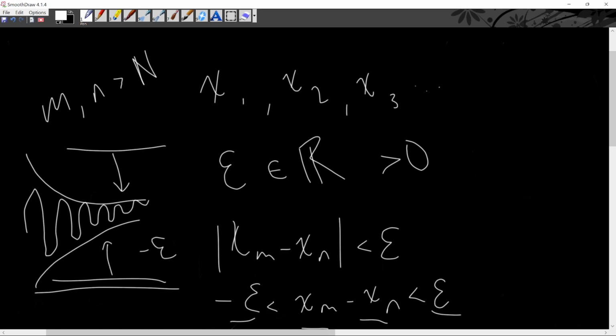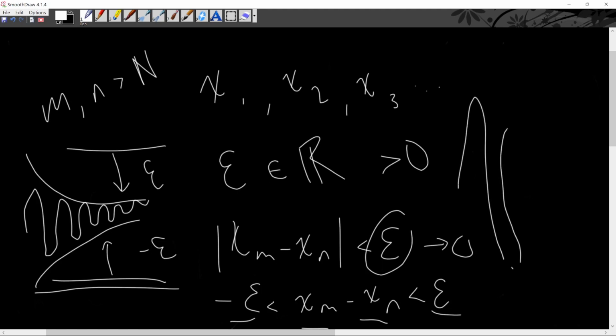If epsilon itself is approaching 0, then this bound between negative epsilon and epsilon is decreasing. That means that it's sort of like a string, you're getting closer and closer to this one value.